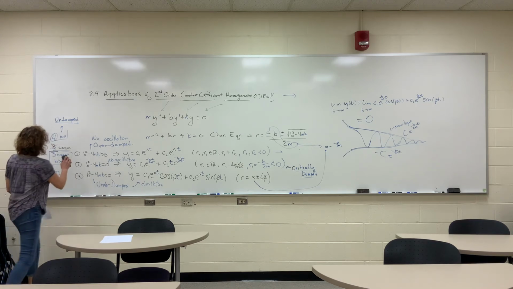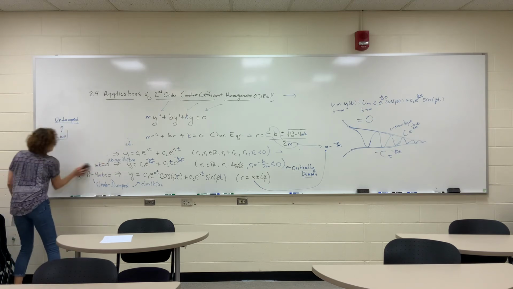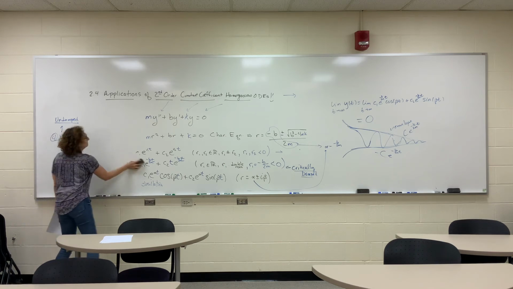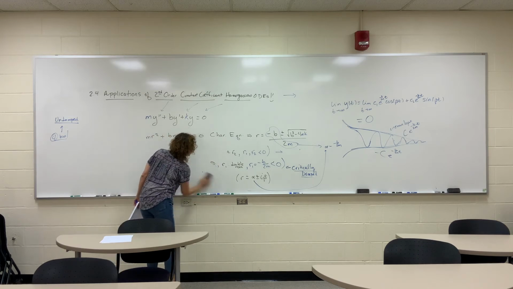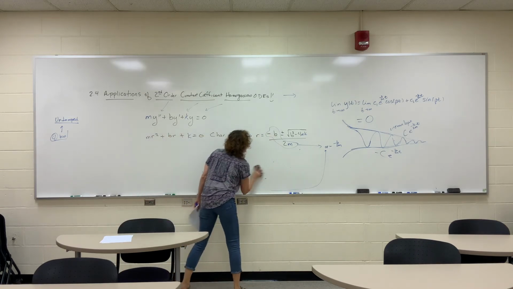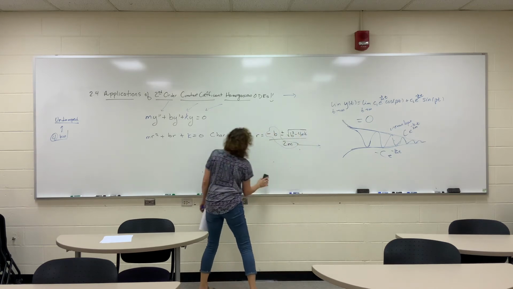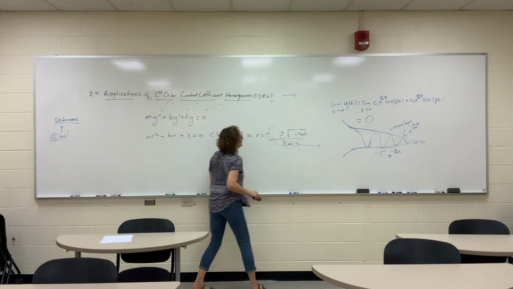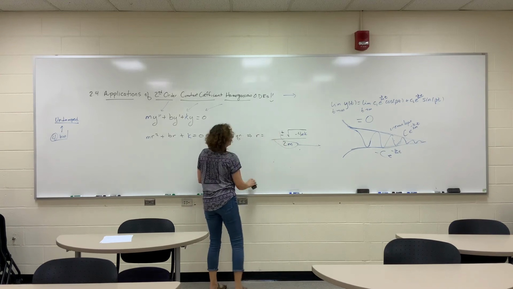All right, now let's go look at undamped. Well, obviously, if b is 0, then we don't have that, and we don't have that, and so this is your r.